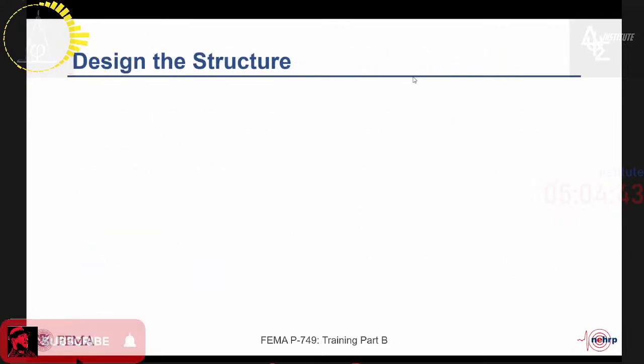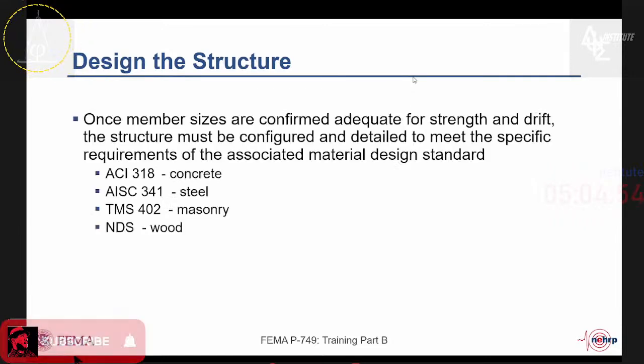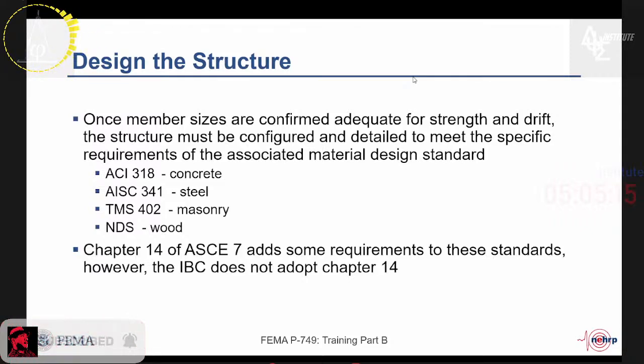Once we have designed the various elements of the structure, including shear walls, braces, columns, beams, for the required seismic design forces, it is necessary to detail the structure per the requirements for the selected seismic force resisting system as contained in the reference standards, ACI 318 for concrete, AISC 341 for steel, TMS 402 for masonry, and the National Design Specification for wood.